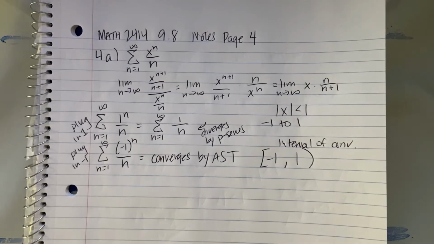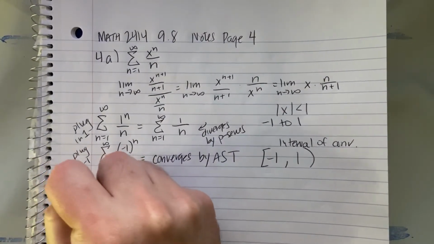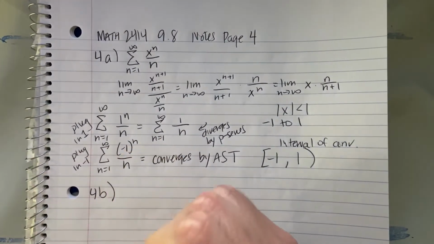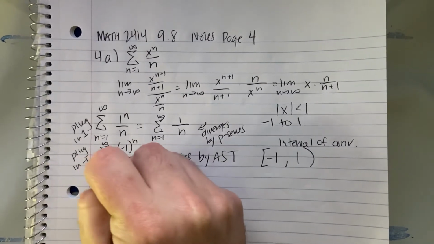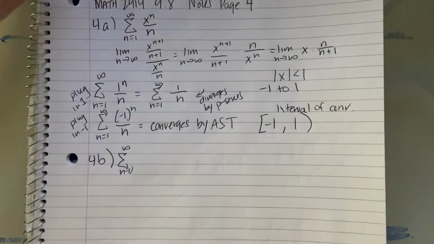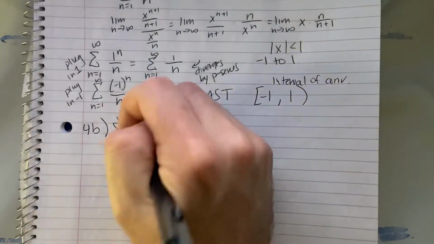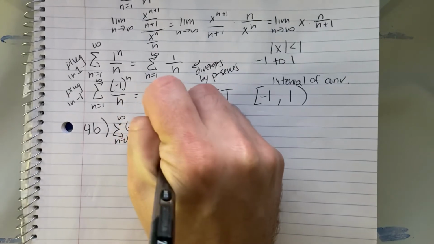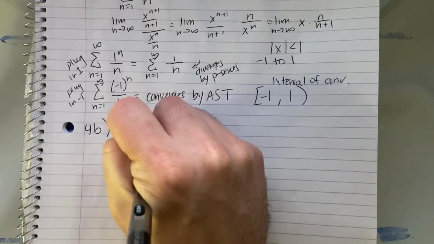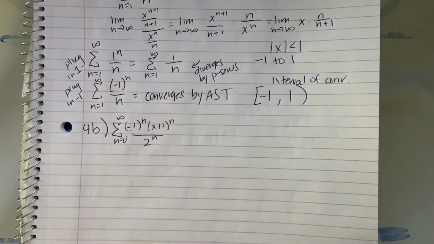So let's look at 4b. It's find the interval of convergence of the sum of -1 to the n times x plus 1 to the n over 2 to the n.